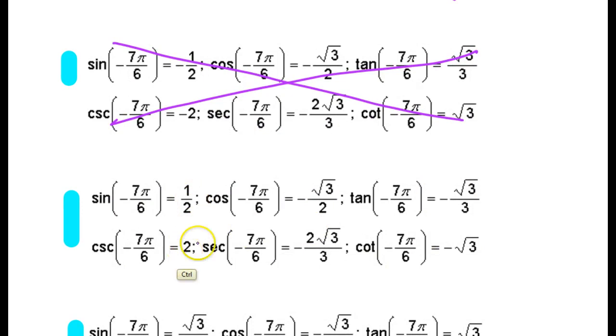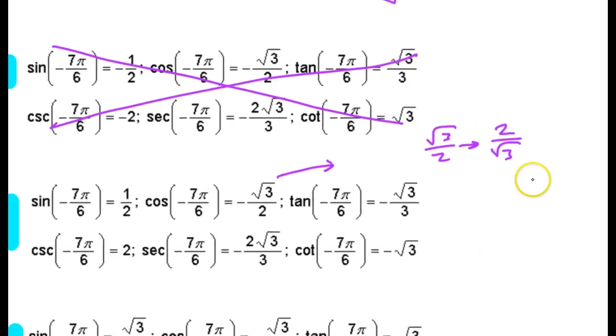Okay, now I'm just checking the reciprocals. Okay, these are reciprocals. Real quick, if I have radical 3 over 2, the reciprocal would be 2 over radical 3. But then they are rationalizing the denominator. So if I multiply by radical 3 on top and bottom, that's going to give me 2 radical 3 over 3.